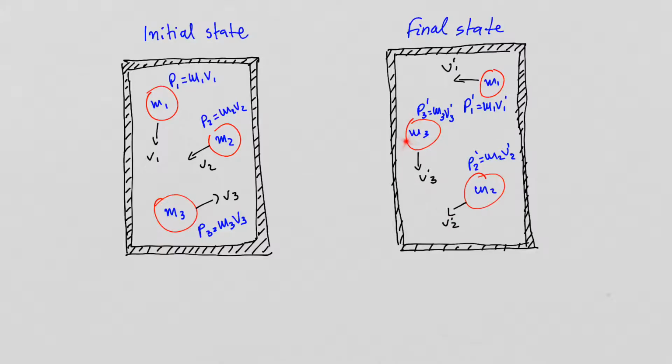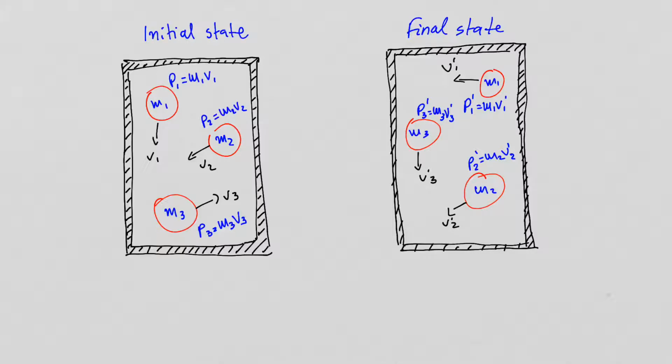Particle 3 is moving in that direction with a new velocity V3 prime. And so the momentum of each particle now is shown as well. P1 prime is the momentum of the first particle, the product of its mass and velocity. The momentum of the second particle is shown, and the momentum of the third particle is shown.